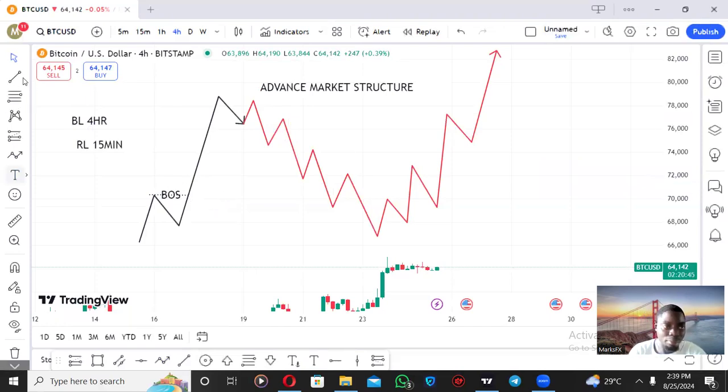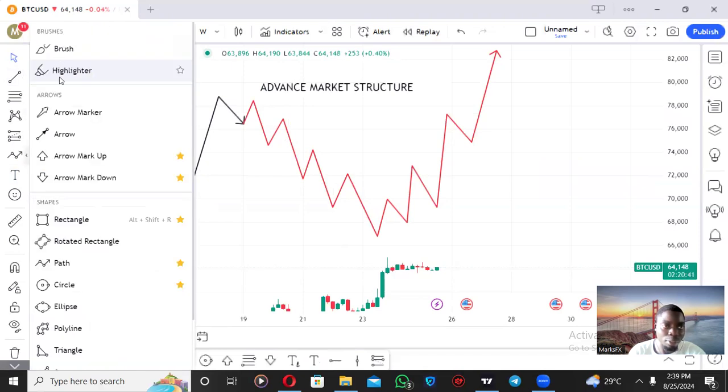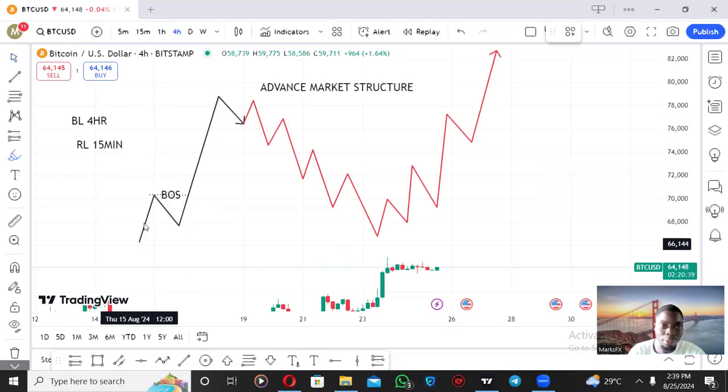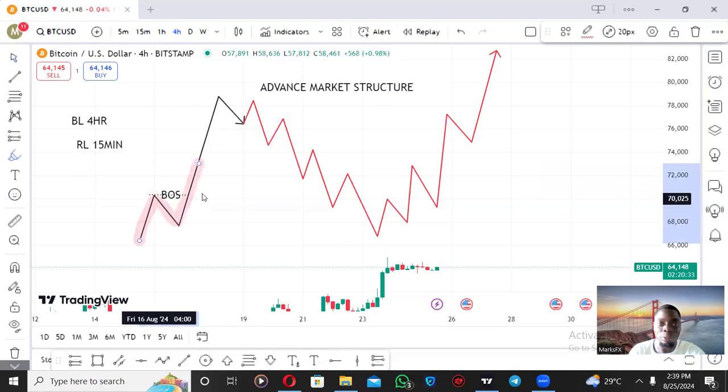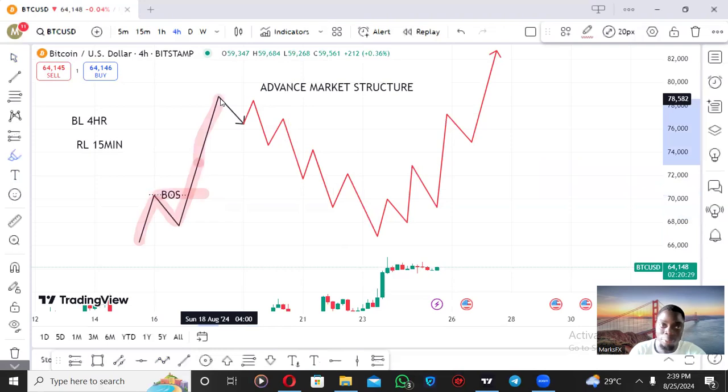And we can see that price came here. Price pushed up, retraced, right? And then broke the structure here, right? And then price pushed. On the 4 hour time frame, price retraced. Now, before price retraced, price created this high here.